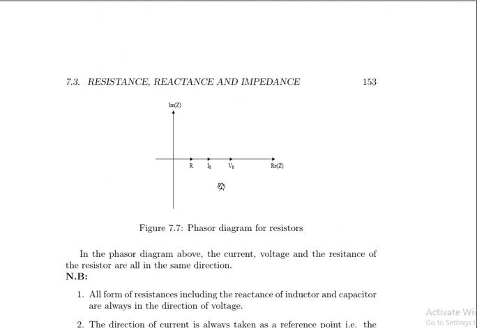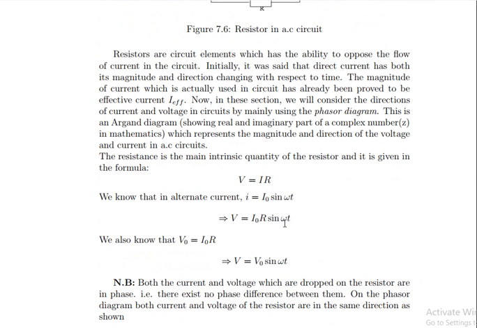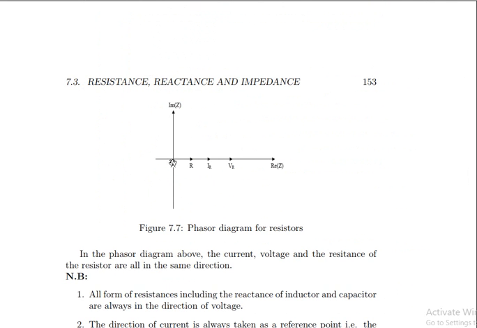So now we see that the current for the resistor is going to be on the real axis, because the angle they are going to form with respect to the horizontal is going to be 0. So that phase difference is going to be 0.